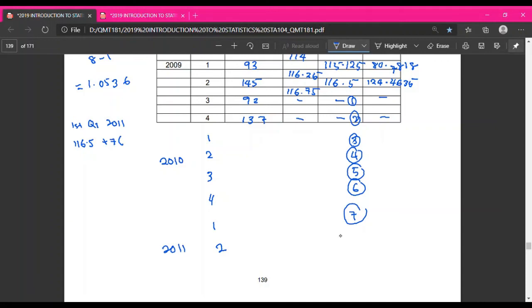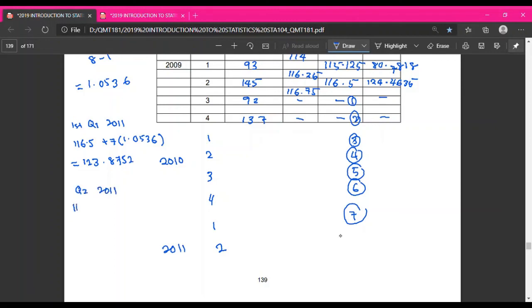Okay, multiply dengan trend increase 1.0536. Okay, so the answer will be plus 116.5. So the answer is 123.8752. How about the second quarter 2011?